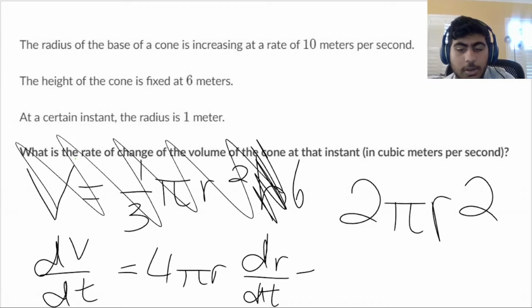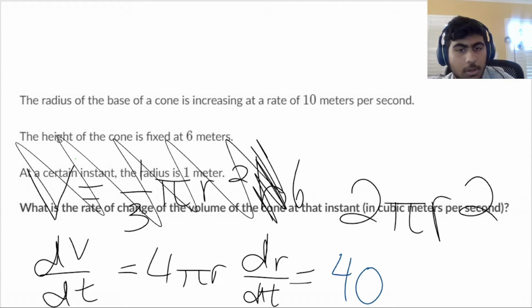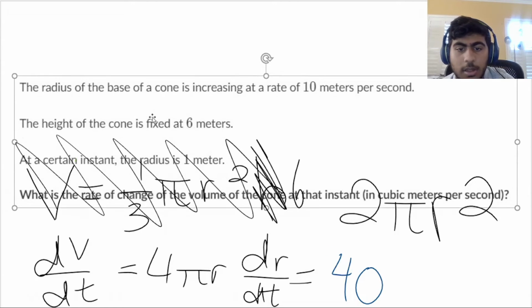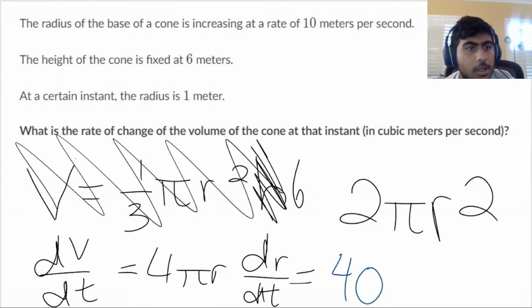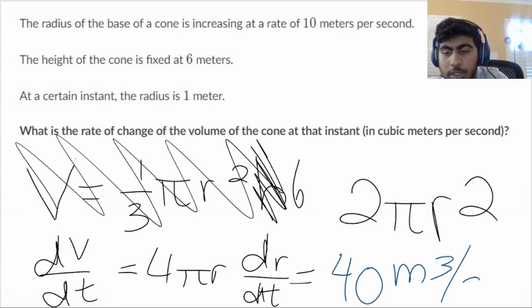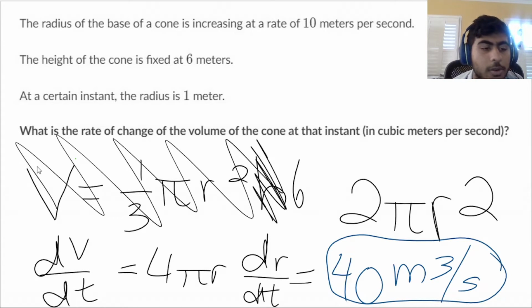I multiply this out, plugging in r as 1 meter and dr/dt as 10 meters per second, and we end up with 40 cubic meters per second as our rate of change of the volume of the cone. Let's keep going.